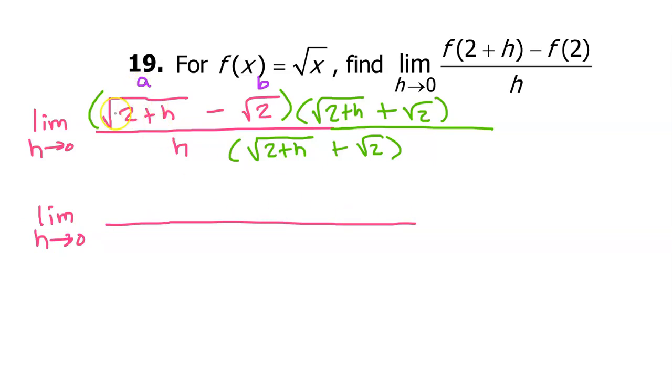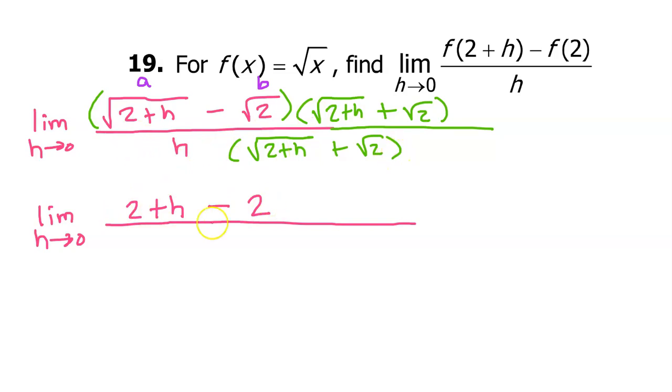So a squared, we're just going to take the radical away, and you're left with 2 plus h. So I need a squared minus b squared. If I square this, again the radical goes away, so I just get this.